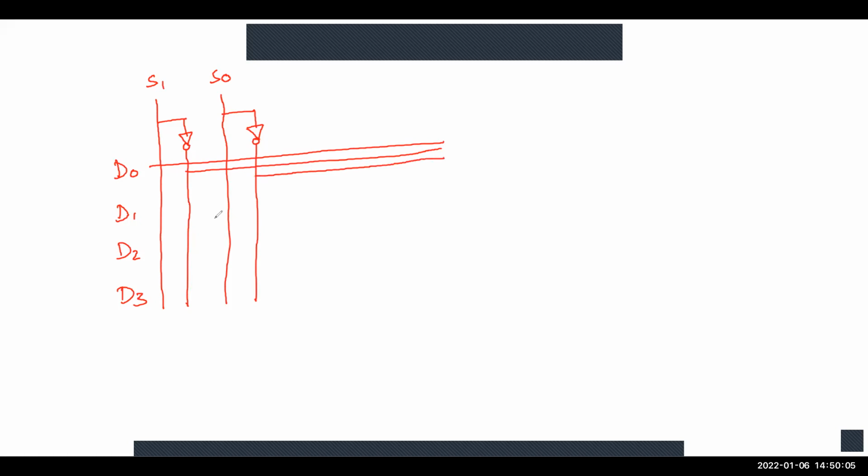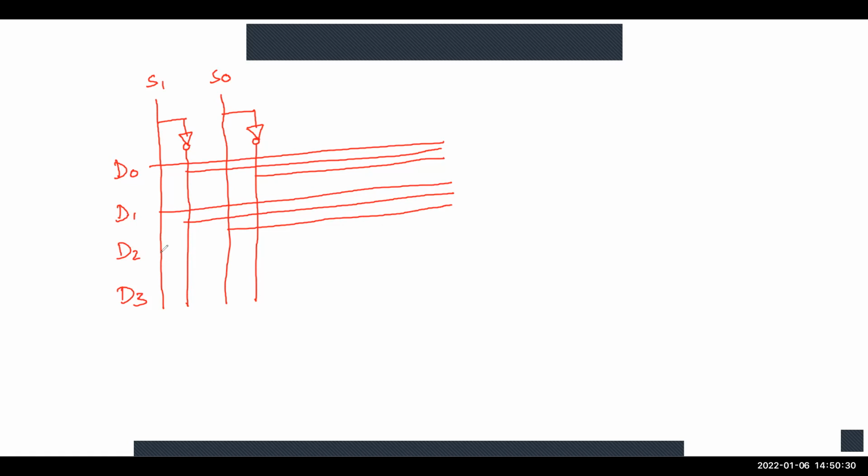Now the second expression, that is D1 S1 bar S0. So this is D1, S1 bar and S0. The third expression was D2 S1 S0 bar.